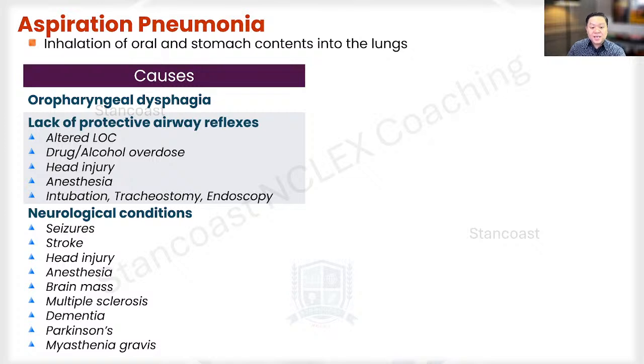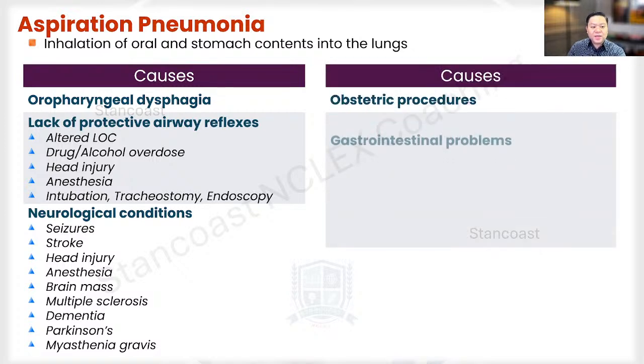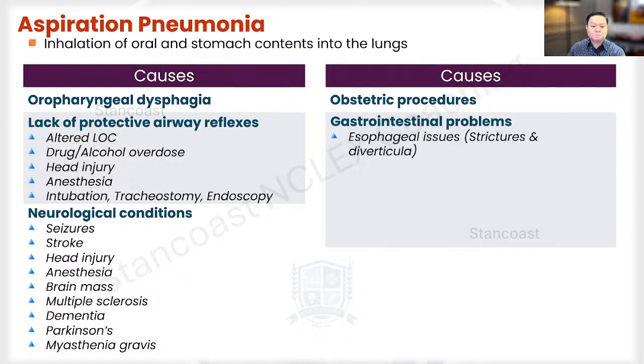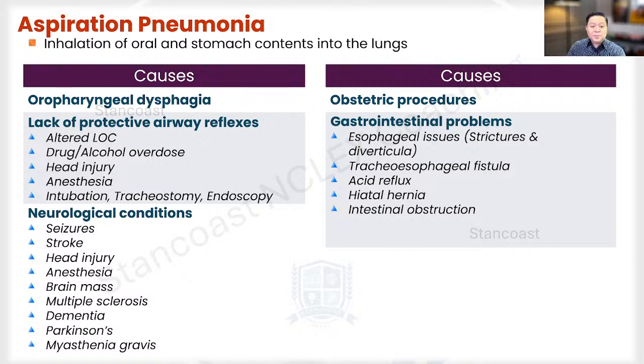All right. Now let's go into other factors here. Of course, if there are any issues with the gastrointestinal tract, for example, esophageal issues like strictures or diverticula, or tracheoesophageal fistula or acid reflux, maybe hiatal hernia, or intestinal obstruction or abdominal distension, and also the presence of tube feeding, okay?